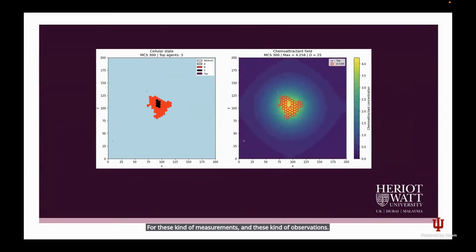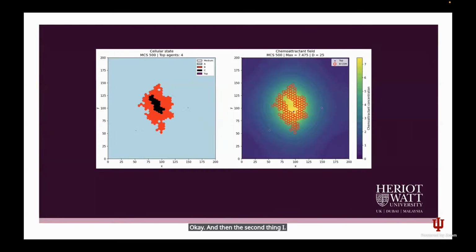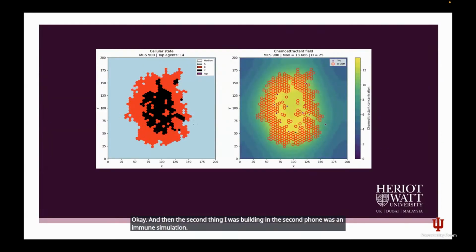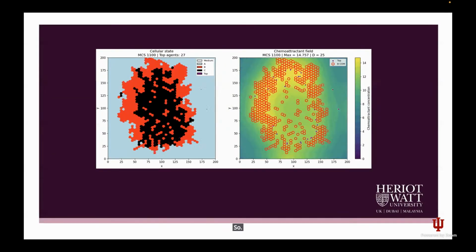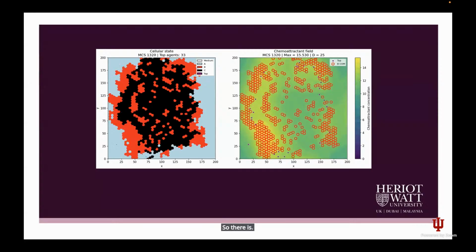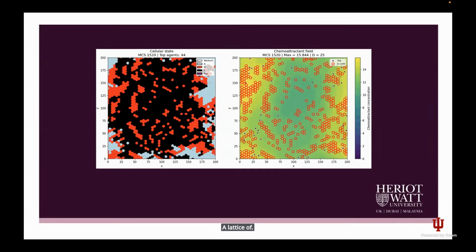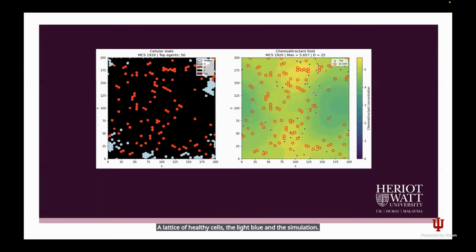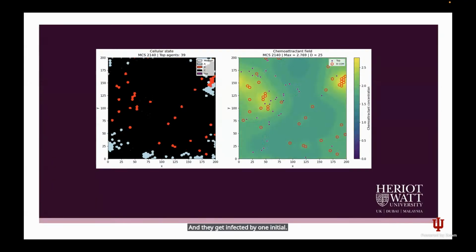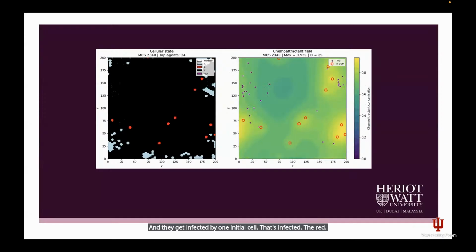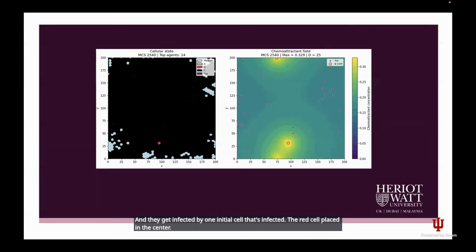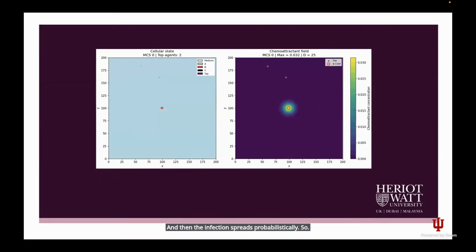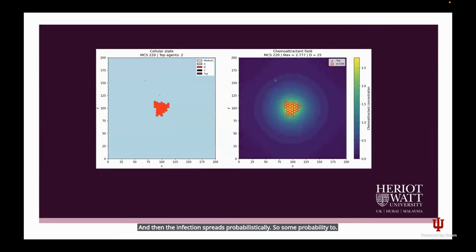Okay, and the second thing I was building in this hackathon was an immune simulation. There is a lattice of healthy cells, the light blue in the simulation, and they get infected by one initial infected cell, the red cell placed in the center. The infection spreads probabilistically to the neighboring cells.